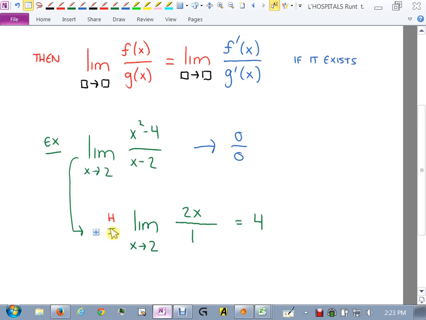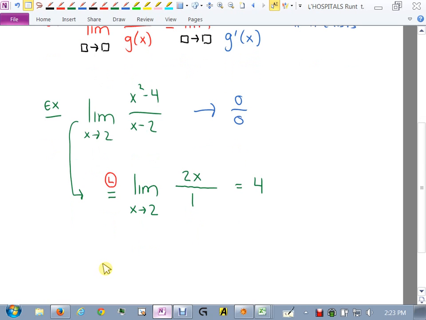I've always put an L and circled it. That's my own notation, but feel free to use that or an H, as long as you somehow signify that you used the rule. That's pretty awesome, isn't it?